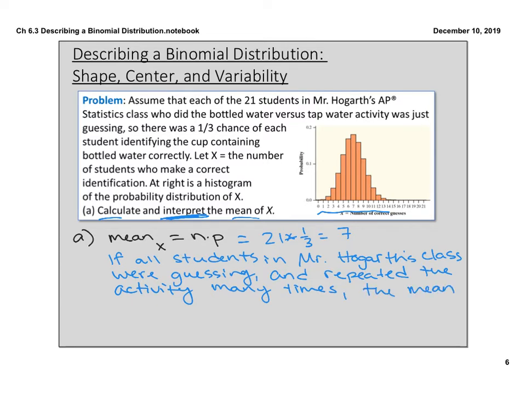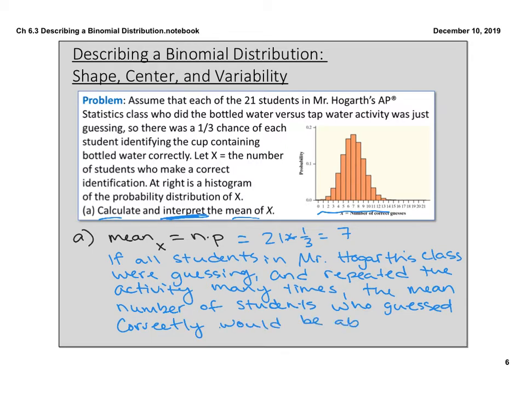The average or mean, whatever you want to say, the mean number of students who guessed correctly, about 7.